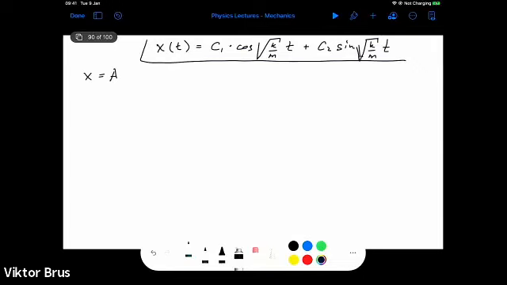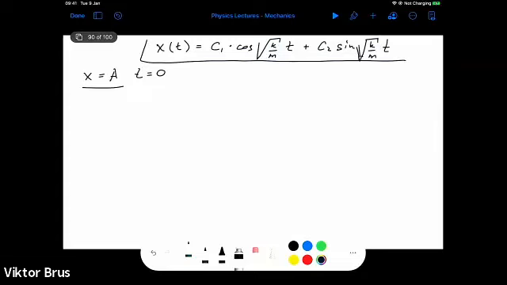And we start counting time from this moment when we let the spring move backwards. So at t equals 0, our displacement, the coordinate of the block, is equal to A. Based on this condition, we will proceed with the determination of these two constants. So this is our first boundary condition.